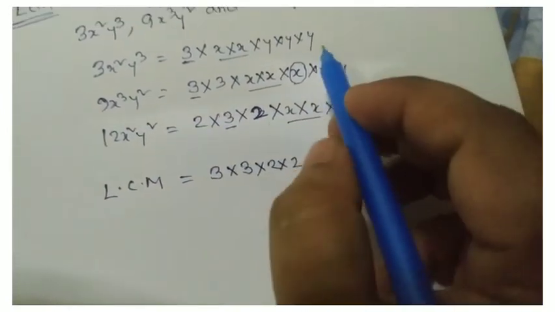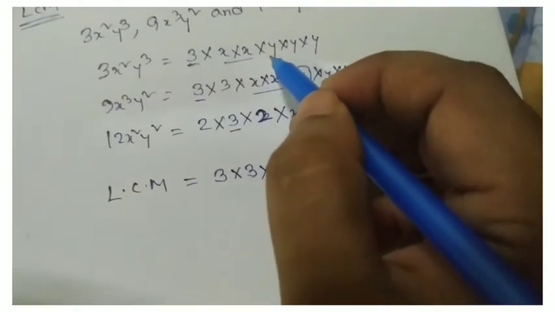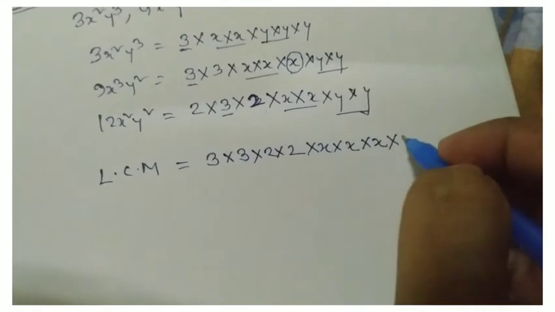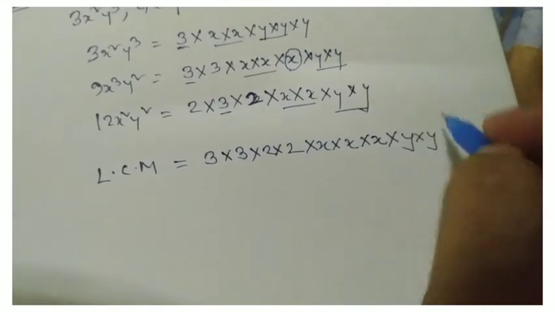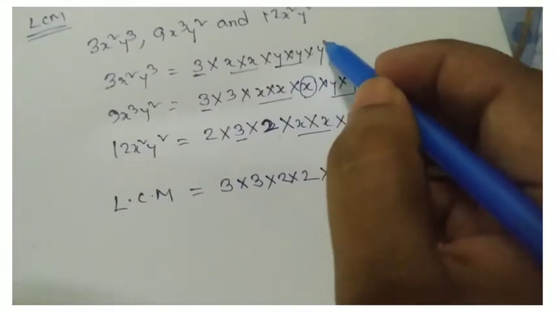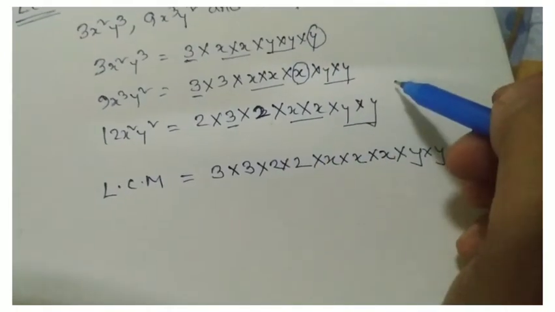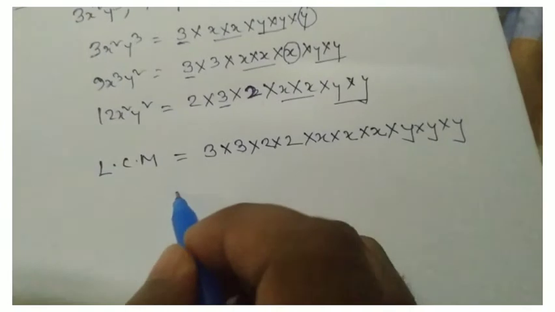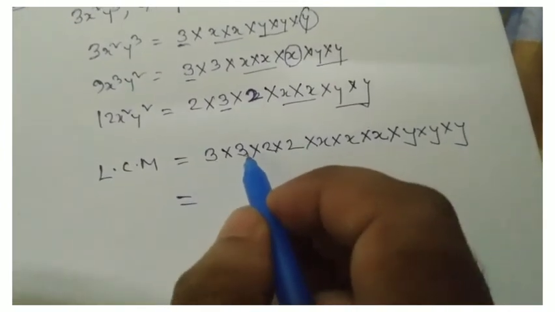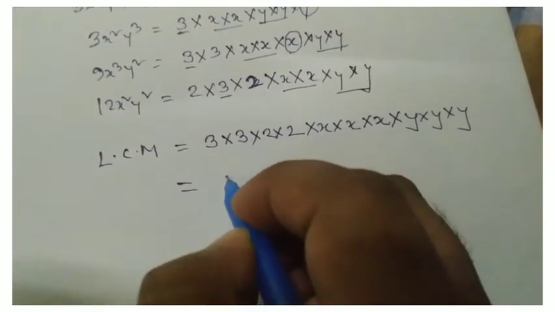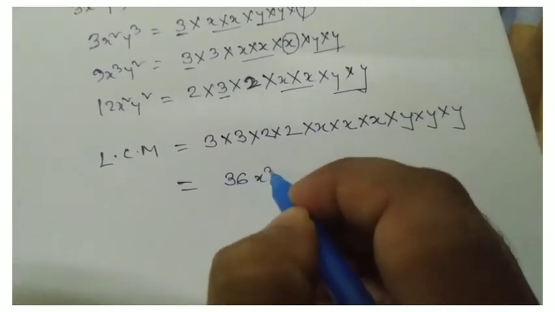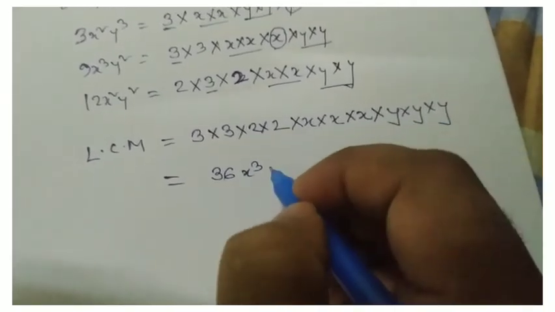Into how many y's are common? 2 y's, 2 y's, 2 y's, so y into y, and then the uncommon part into y. So what will be my LCM? 3 into 3 is 9, 9 2s are 18, 18 2s are 36, x cube, and finally y cube.